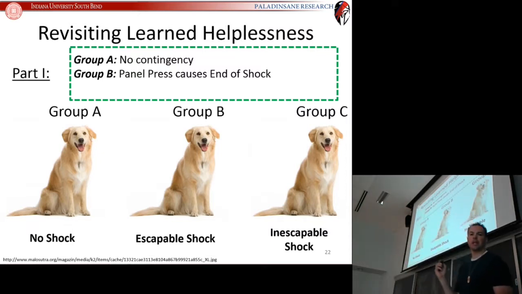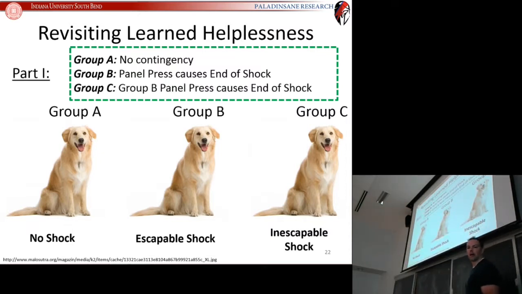And Group C, on the other hand, was also under a contingency. This one's a little tricky. It was also under a contingency, but they weren't in charge of their own contingency. So they were still under a contingency. It's just that the event that caused the probable end of their shock was Group B pressing their panel.